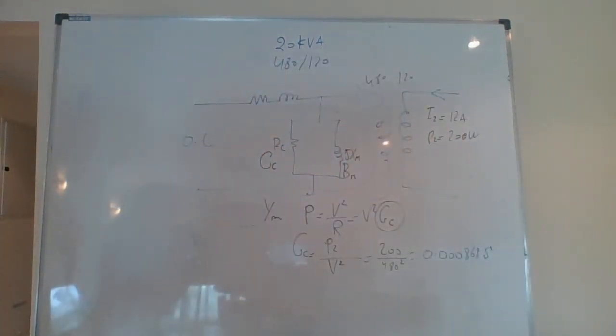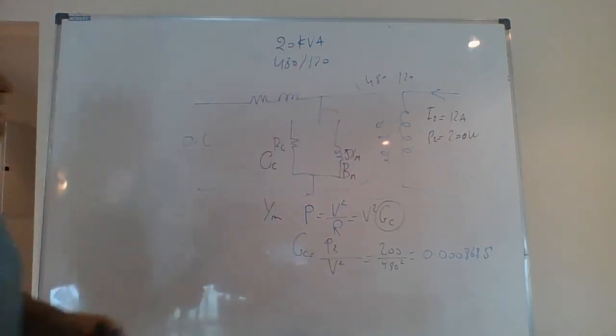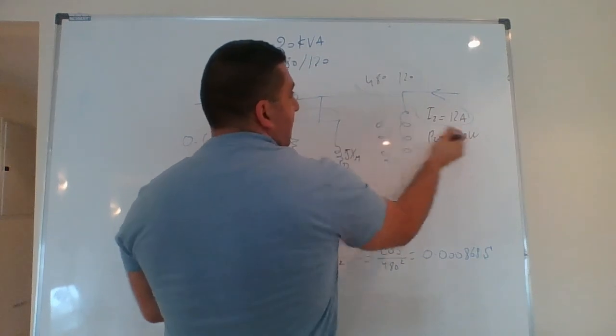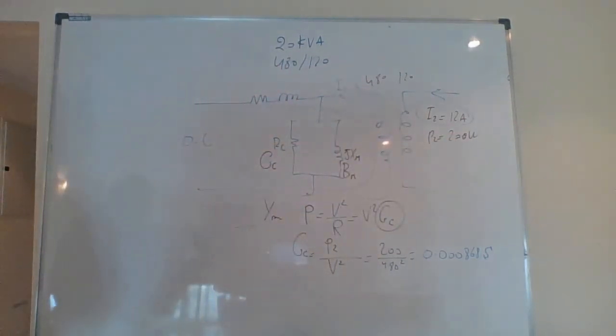I can follow exactly the same concept to find YM, same as what I did in the previous questions. I have a voltage V1 and I have I1. Because I have I2, I use the relationship between A and I2 to find I1.